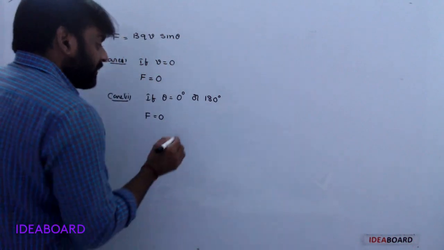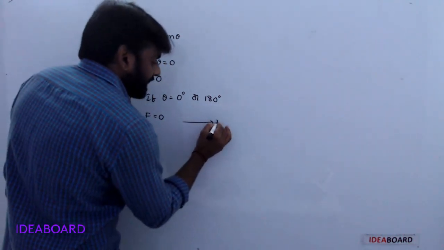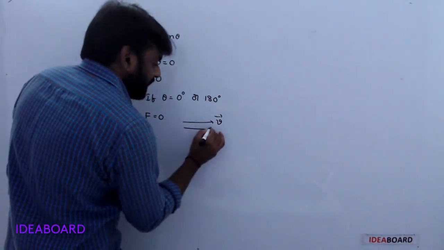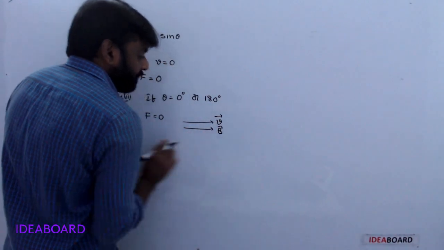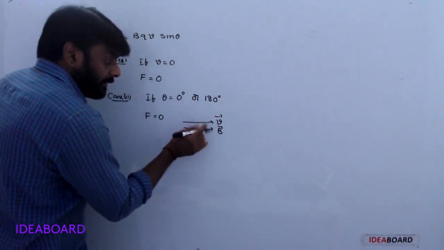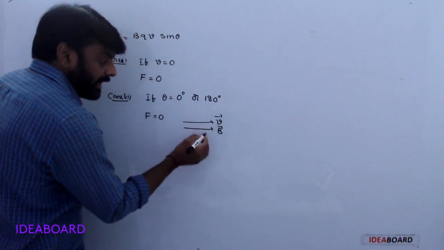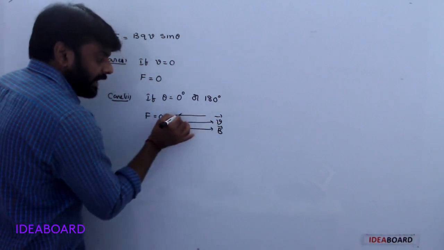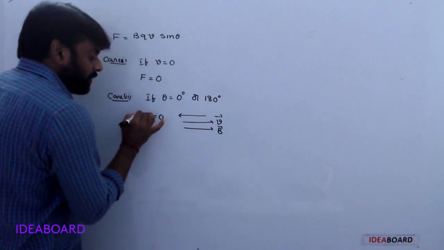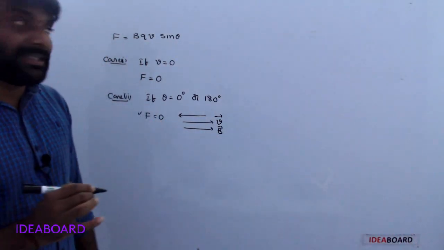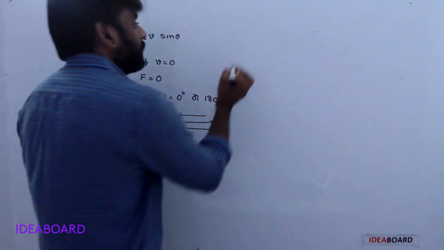Understood? That means if the velocity direction and magnetic field direction are both in the same direction or anti-parallel, the force experienced on the charged particle is equal to 0.